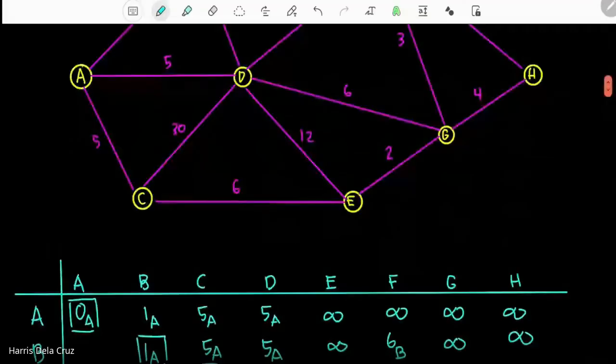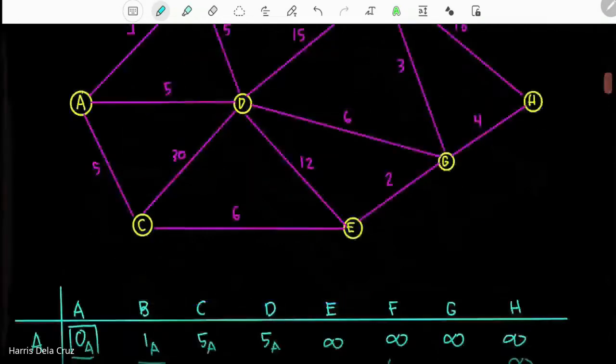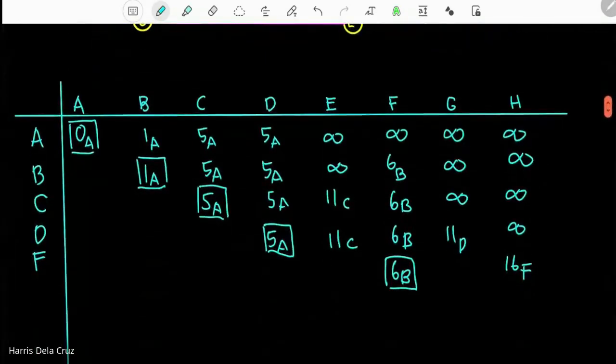On the other hand, we can also reach G with plus 3. So F is 6 plus 3, 9. And that is smaller than the current temporary label of G. So we replace this by 9F.